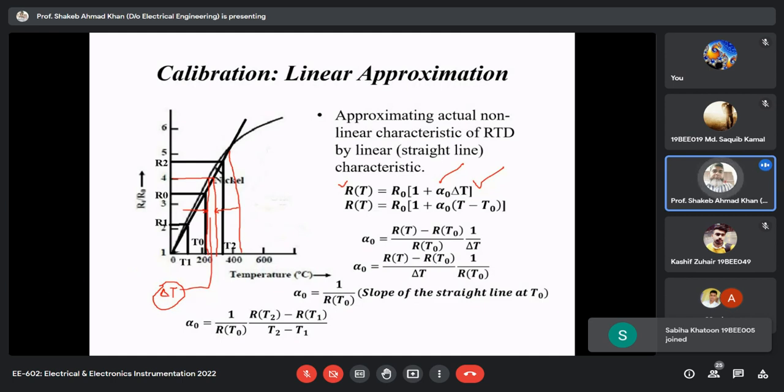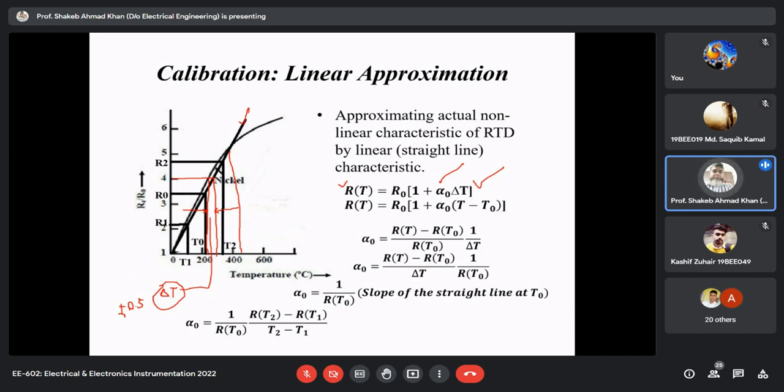And if delta t, the maximum error in the span, is plus minus 0.5%, and our requirement is plus minus 1%, then this is fine. We'll carry on with this particular straight line, although it is not accurately representing the characteristic, but that's why it is called linear approximation.